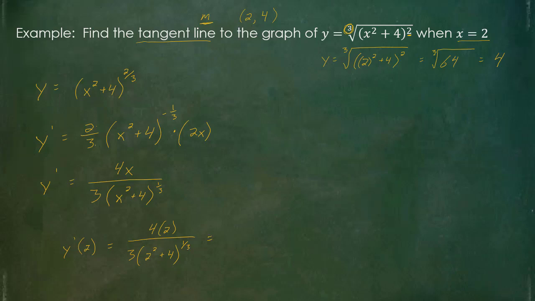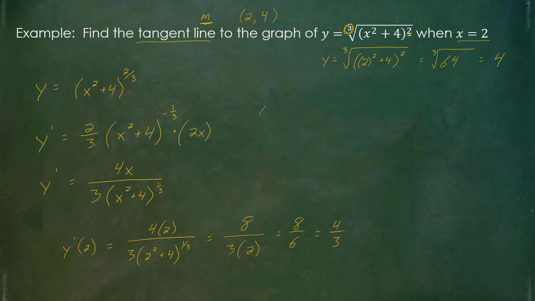So altogether this is going to turn into 8 over 3 times, and then 2 squared is 4, 4 plus 4 is 8. Cube root of 8, though, is 2. So that's 8/6, which should reduce to 4/3. And now I can use point slope form to come up with the equation of the tangent line.